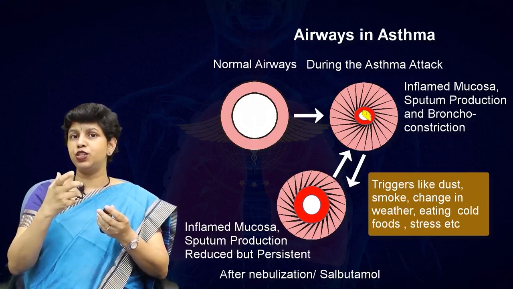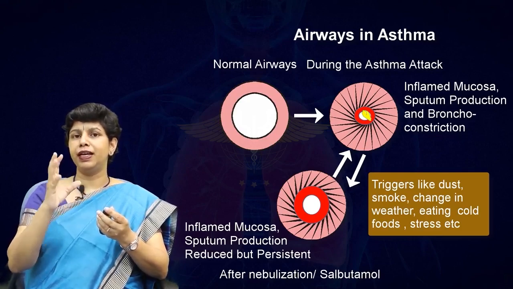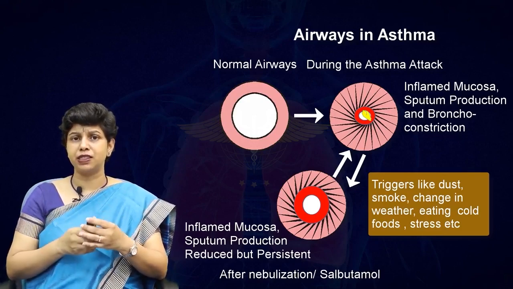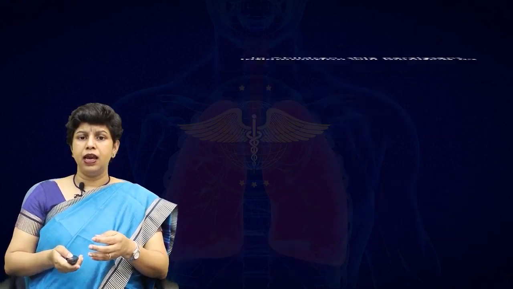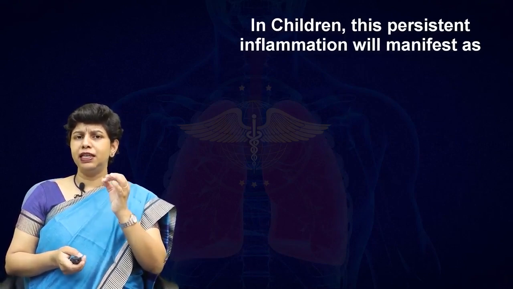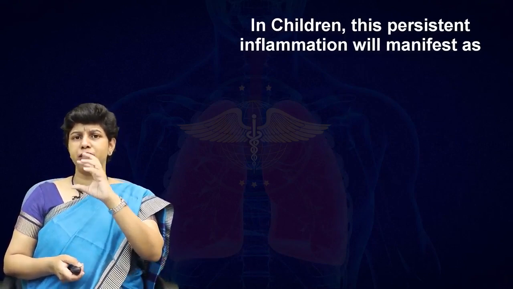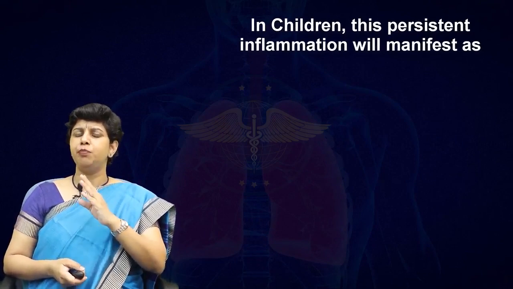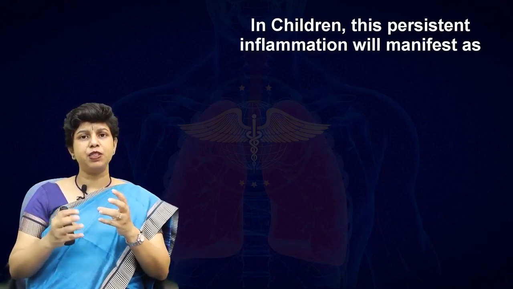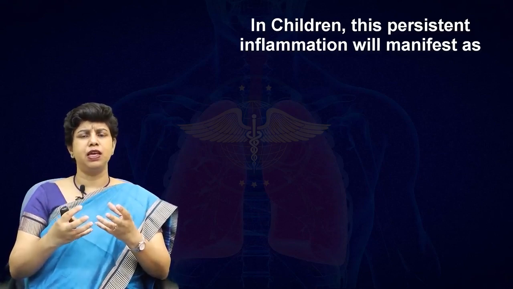Only a trigger has to be fired to trigger off an episode of acute bronchoconstriction and an acute exacerbation of asthma. Okay? I would like to mention over here that even when the patient has got this persistent inflammation, many times the patient is free of symptoms, but sometimes the patient still gets some symptoms.